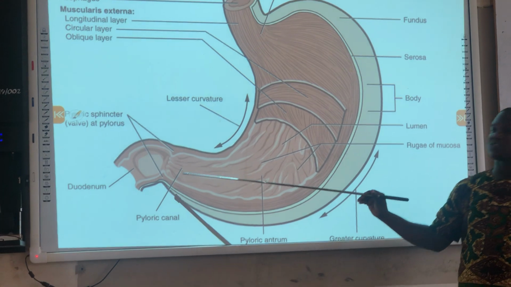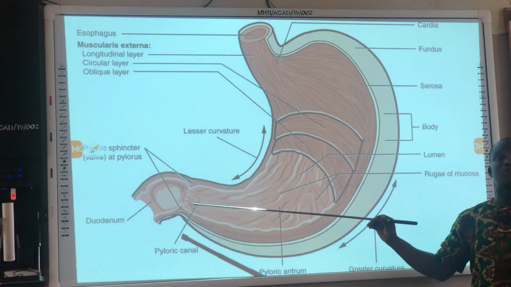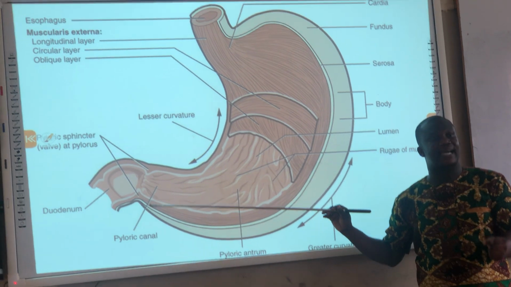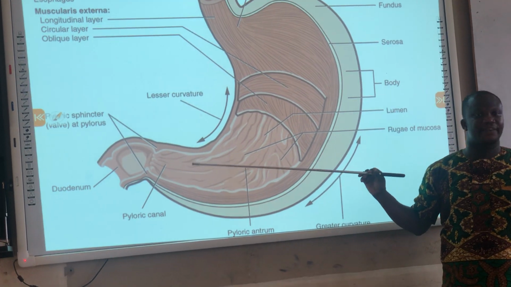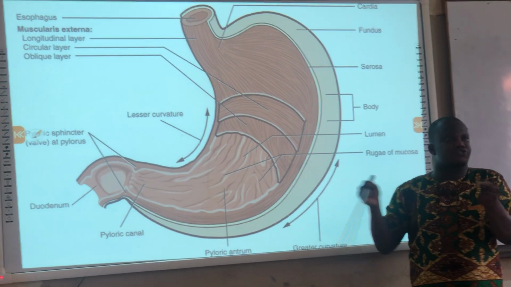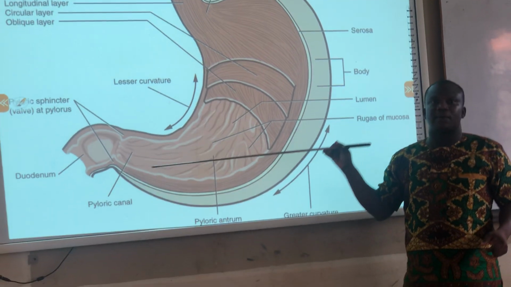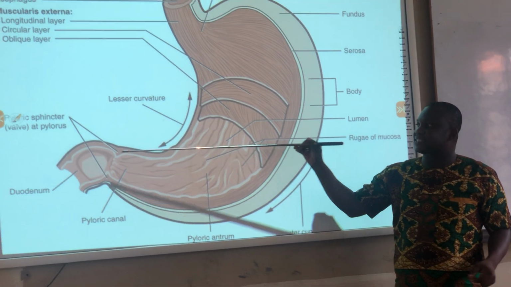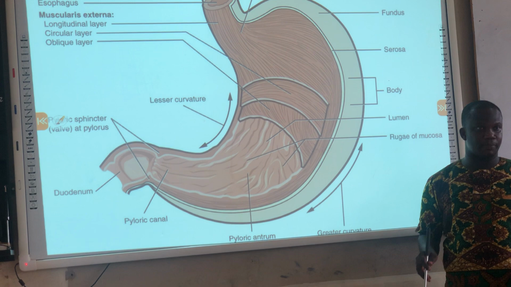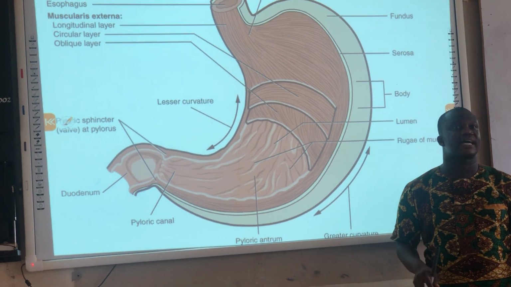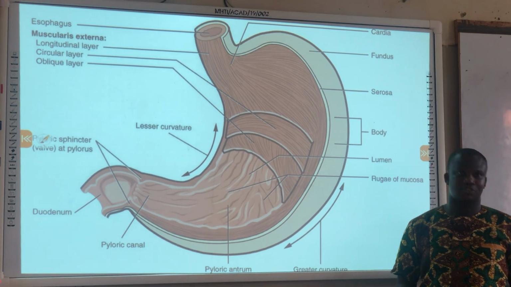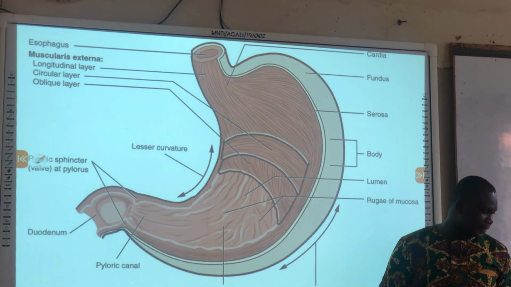The same thing applies to the pyloric region, which is also made up of the pyloric sphincter. The pyloric sphincter is also a thickened ring of circular muscle fibers that constricts to prevent bolus or chyme that has entered the duodenum from regurgitating back into the stomach. So these are the 4 main areas of the stomach. Any question?